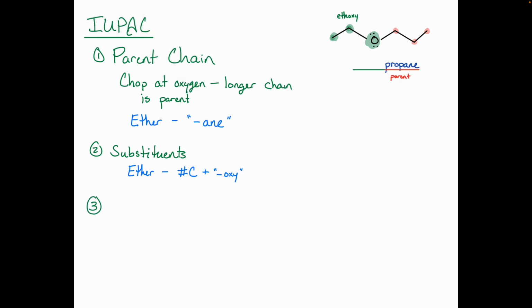All right, we've got to number our parent chain just like we always do. We're not going to prioritize this ether group because it's not a functional group, it's just a substituent, but we always want that lowest number in the name. And then we're going to assemble our name by putting our substituents in alphabetical order.